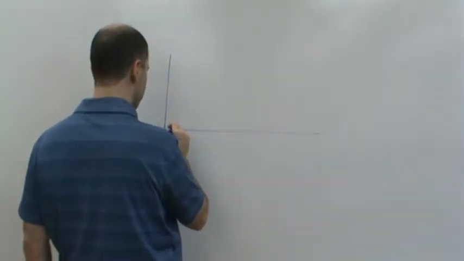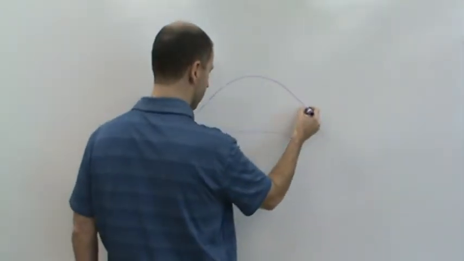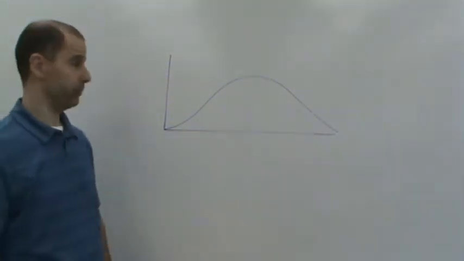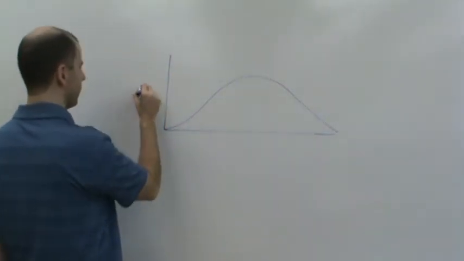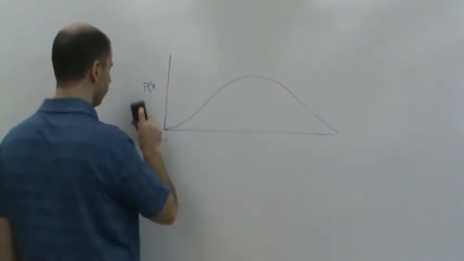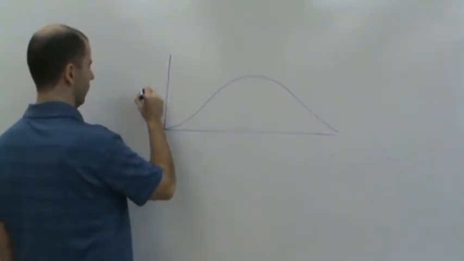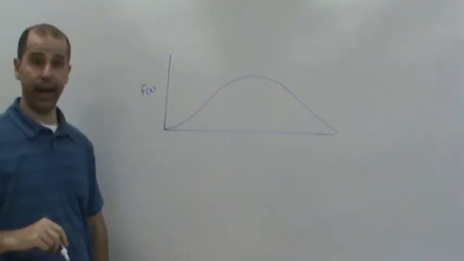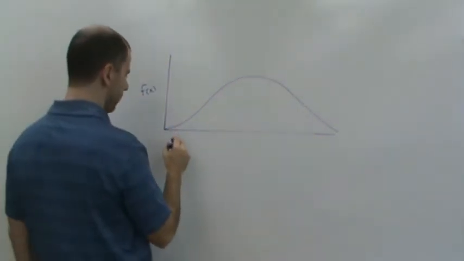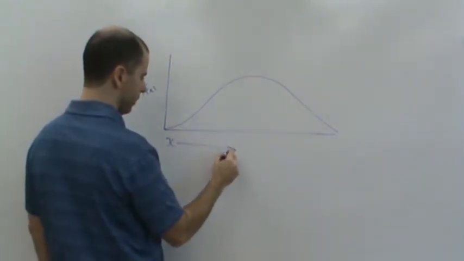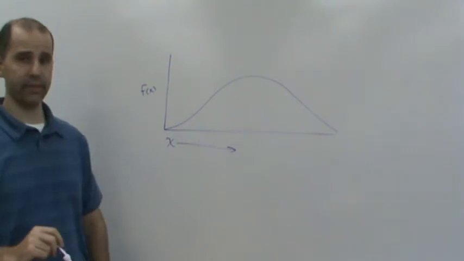So if we have something that looks like a nice smooth curve, this here is the function f of x, and this here is the value of x on this distribution.